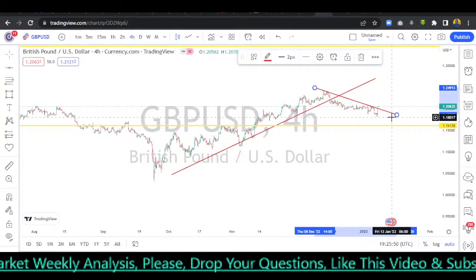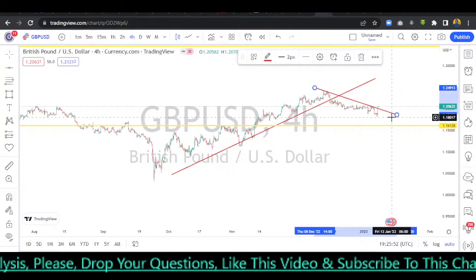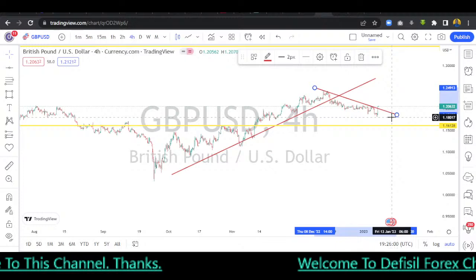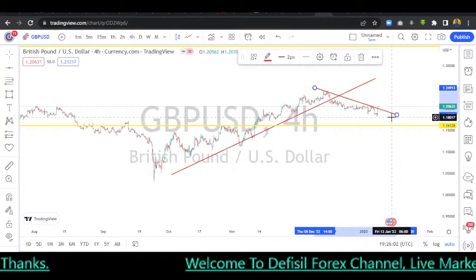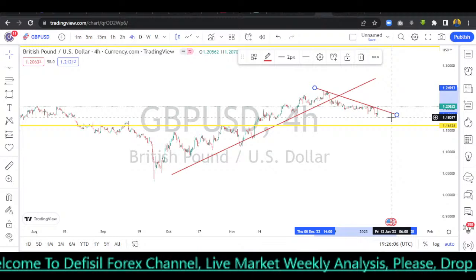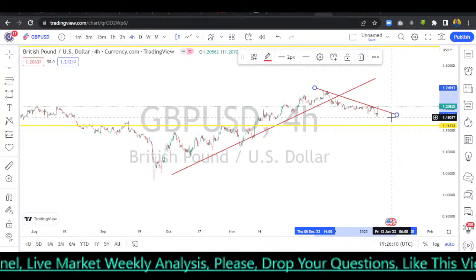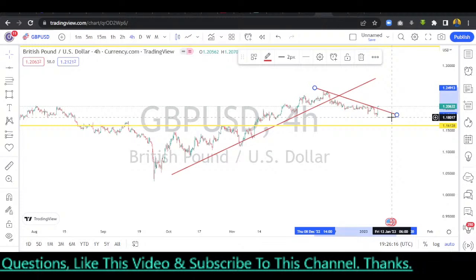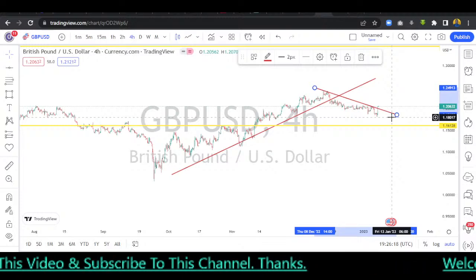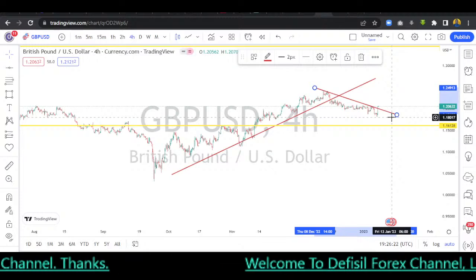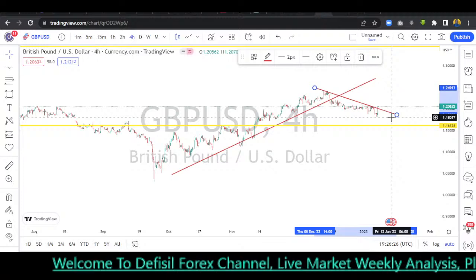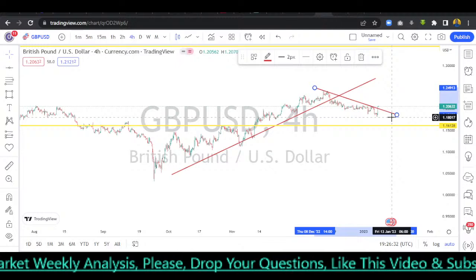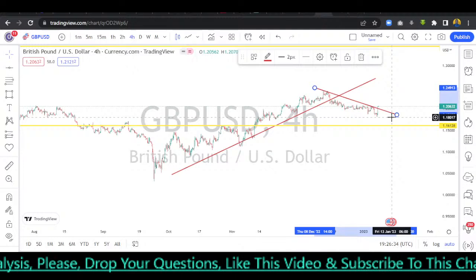So if we are to consider a buying opportunity on this occasion, what we'll do is to deliberately wait for it to approach the yellow line, and if it approaches the yellow line, we look at its behavior.